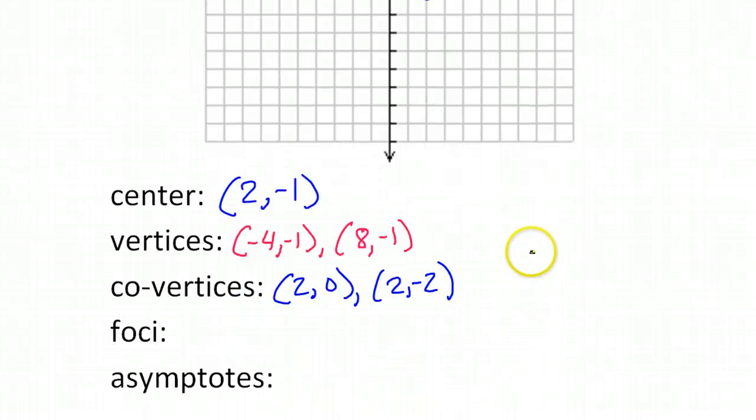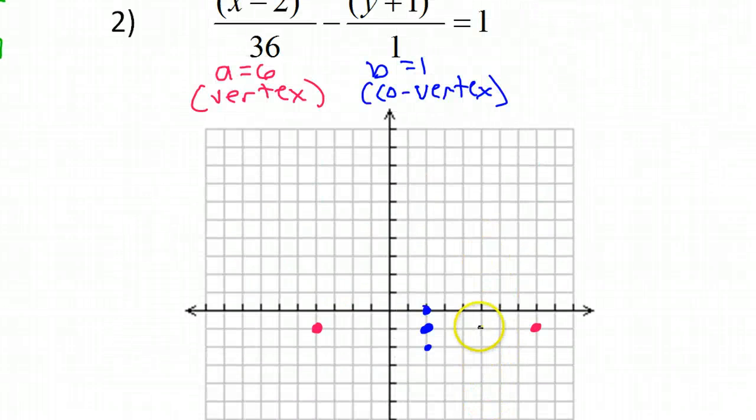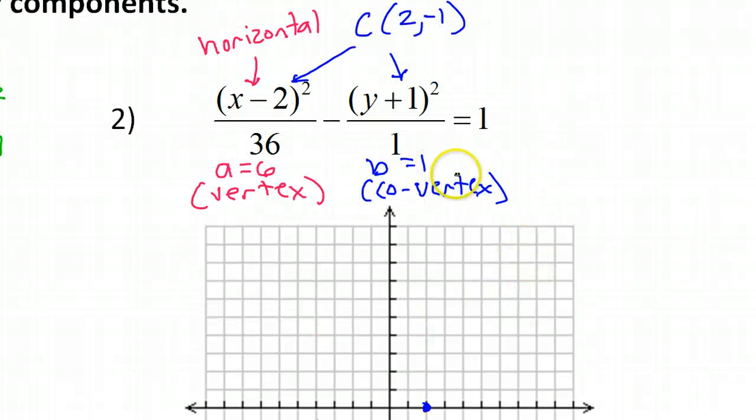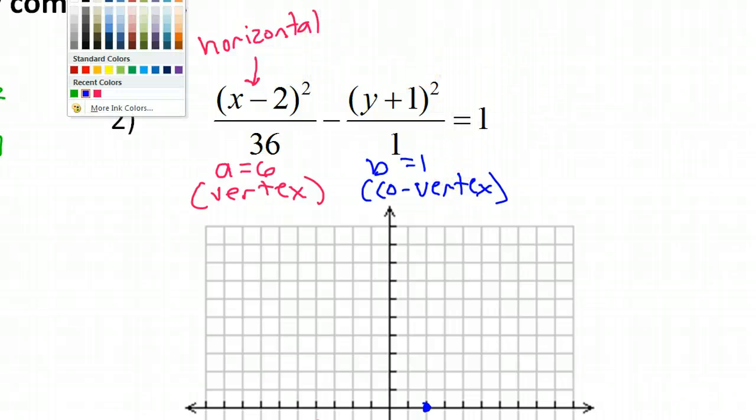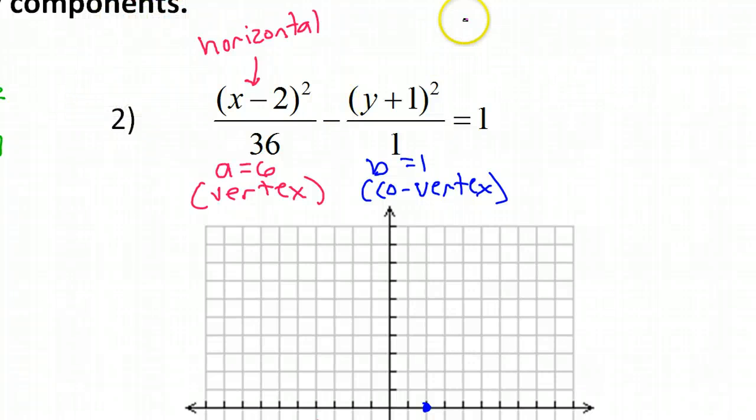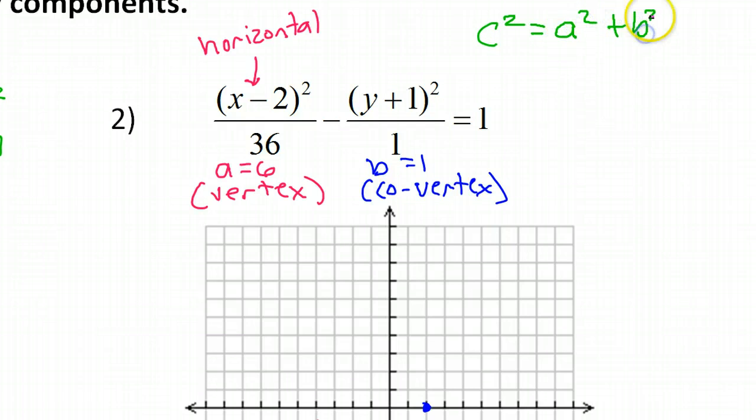How about the foci? Let's talk about the foci. The foci come from the c value. I should erase this. That c stood for center, but it might remind somebody of foci, so I'm going to erase it. We all know that c squared is equal to a squared plus b squared when we're dealing with hyperbolas.